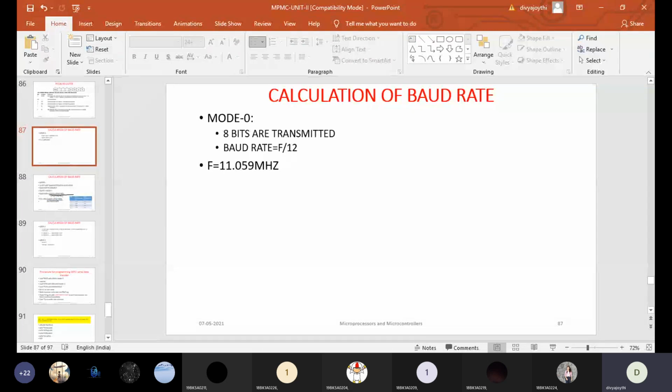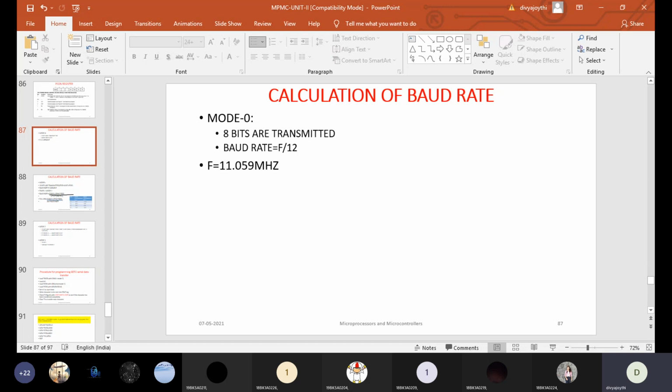So now in today's class we'll be discussing how to calculate the baud rate, or how the baud rate is going to vary from mode to mode. If you recollect, in the last class, while discussing the SCON register, the D7 and D6 bits are SM0 and SM1, the serial port mode bits.